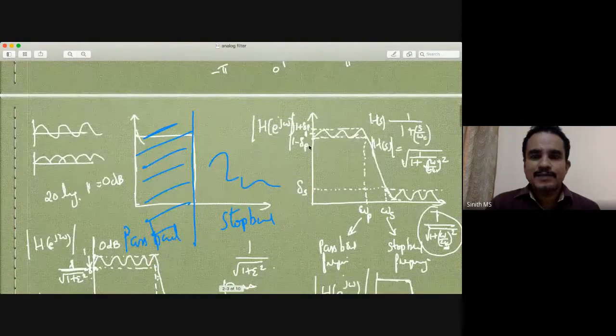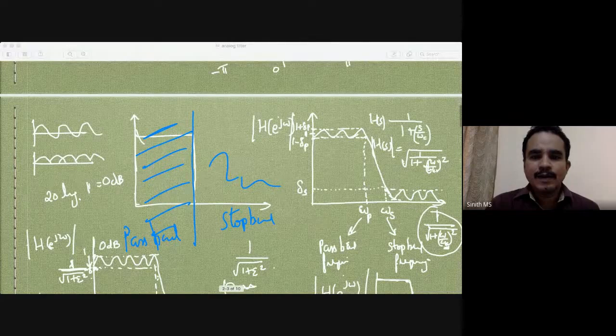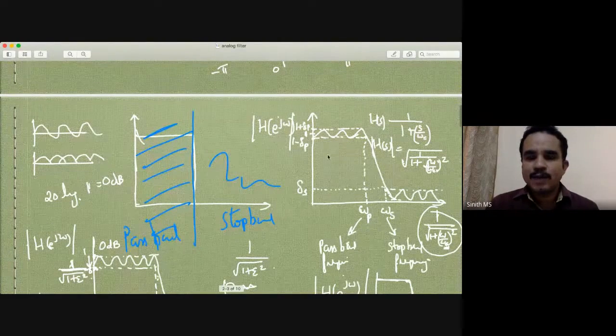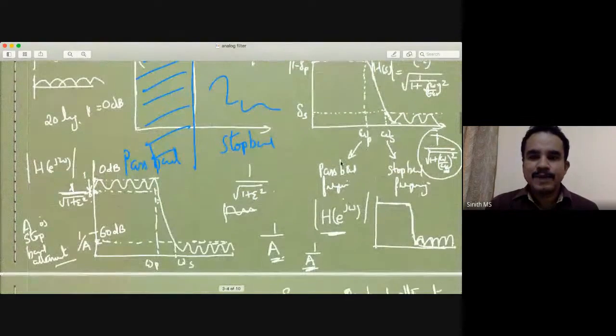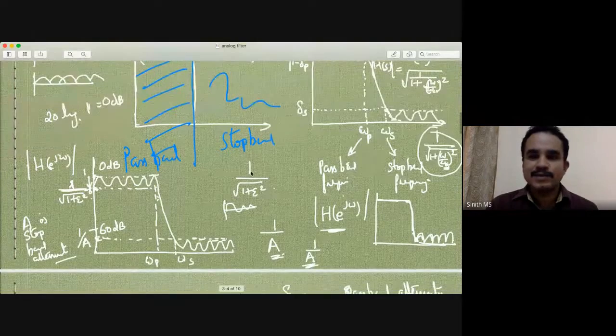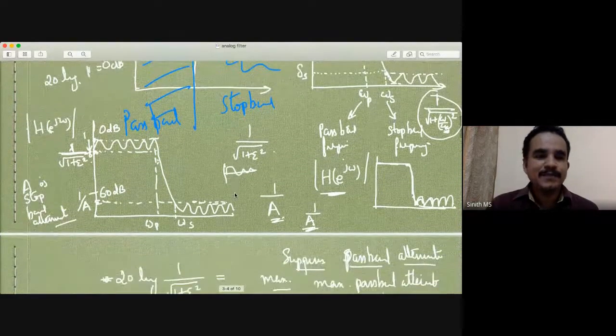Delta P is the pass band ripple, and delta S is the stop band ripple. Omega P and omega S are the pass band and stop band frequencies.